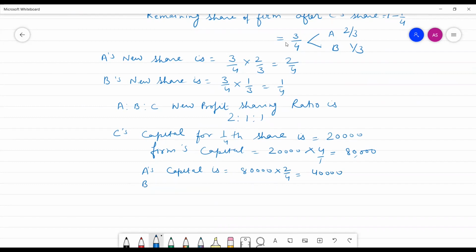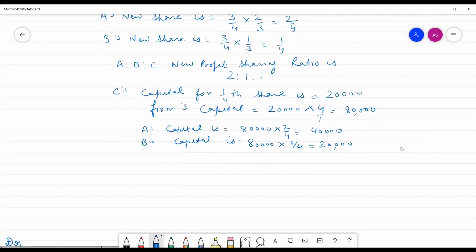B's new capital is 80,000 into 1/4, that is 20,000. It means A's capital, which is given above, is 45,000. A should take back 5,000 and B should bring 5,000 more.